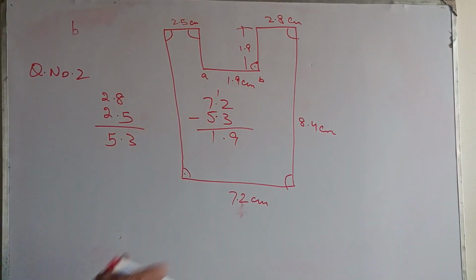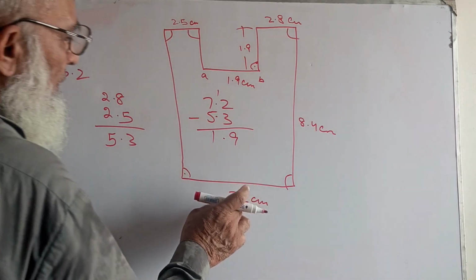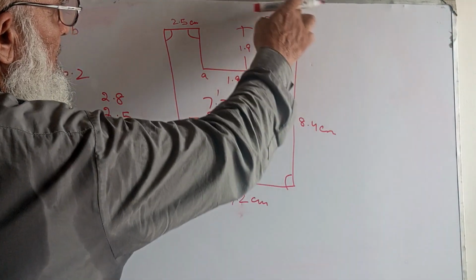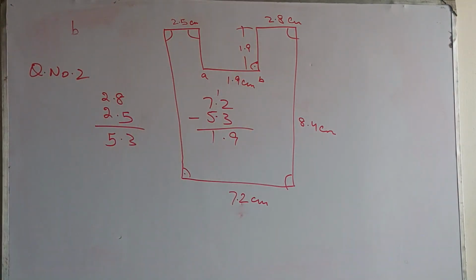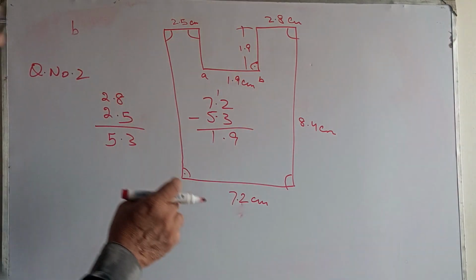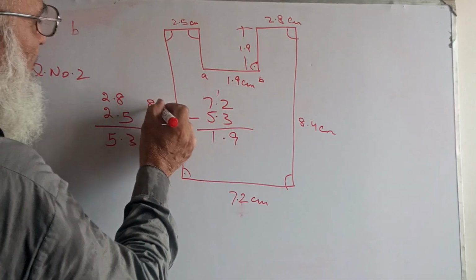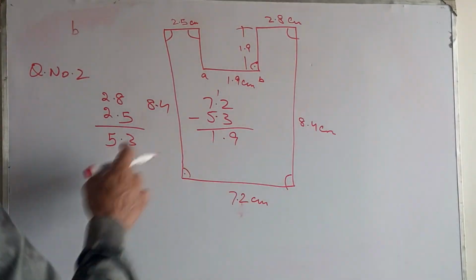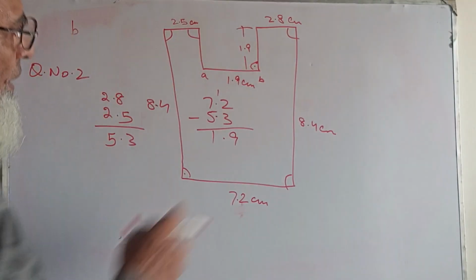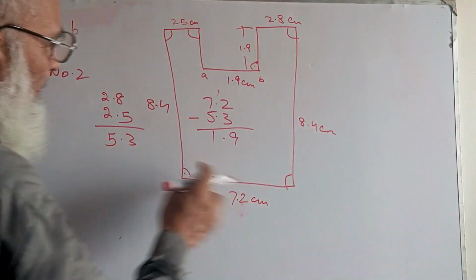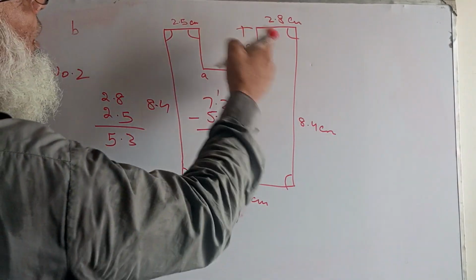So all the measures we have found. These are given, but you have found this 1.9 also. So you will add up all these figures. Now this is again 8.4 centimeter because it is a regular figure. Now we are going to add all the measures.